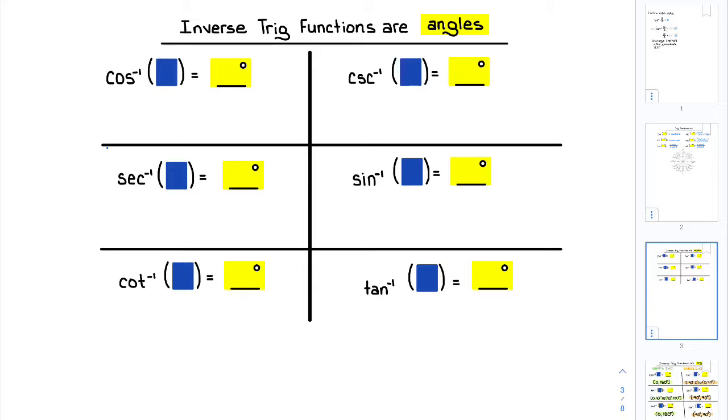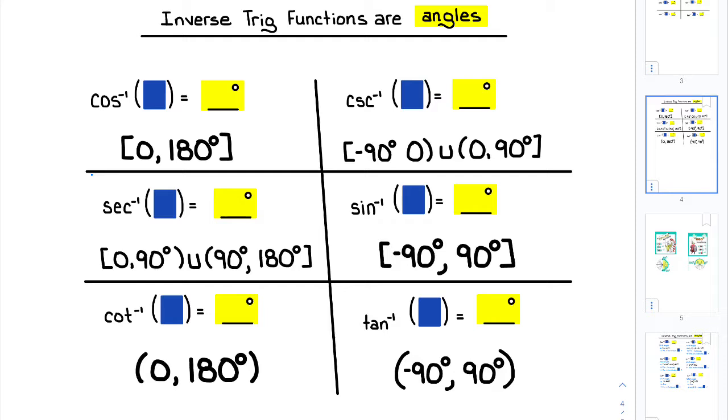So first off, it's good for you to know that the answer to all inverse trig functions are angle measures. The answer to an inverse trig function is an angle, but it is a very specific angle. For example, the answer to inverse cosine can be an angle on or between 0 and 180 degrees.